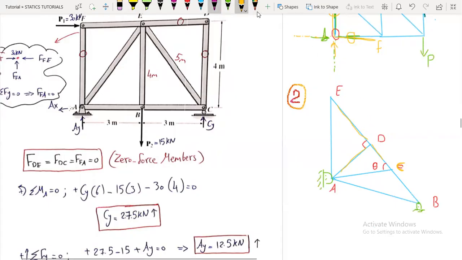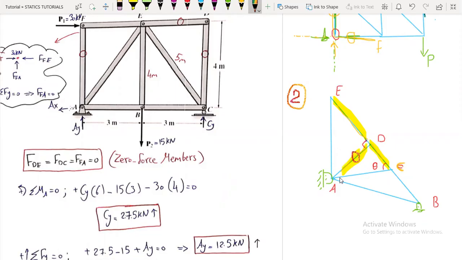So we can note here FED and FDC are collinear, so they are in the same line. And the third one is not collinear with them. So this third non-collinear member will be 0. And it's not a must to be a right angle.